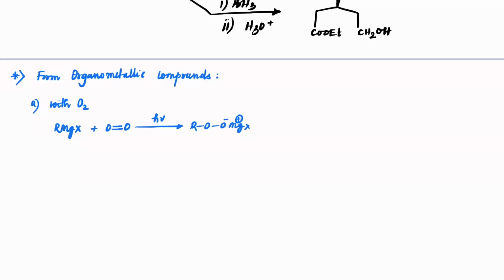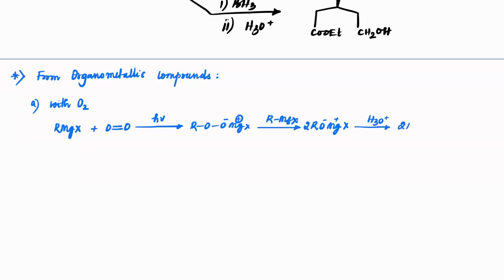See, with organometallic compounds, specifically when you react RMgX with O2, you'll get ROOMgX. And when that reacts with another RMgX, it will convert into 2 moles of ROMgX, which on hydrolysis will give you 2 moles of alcohol.